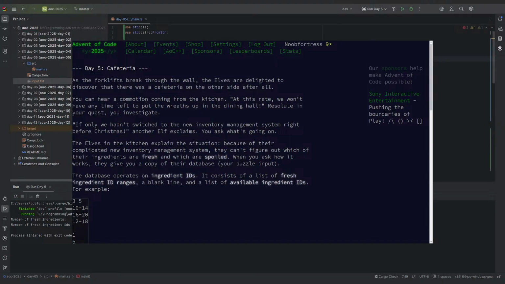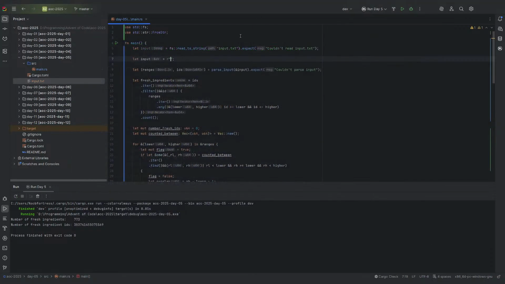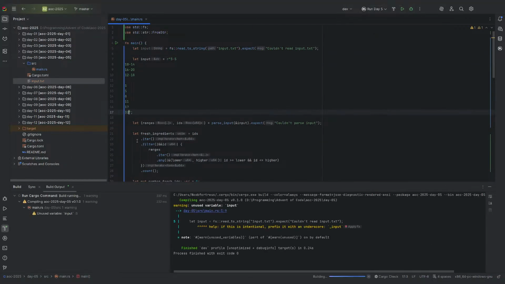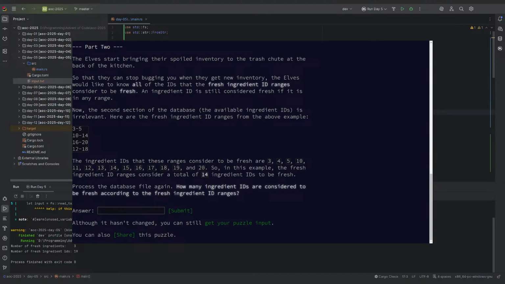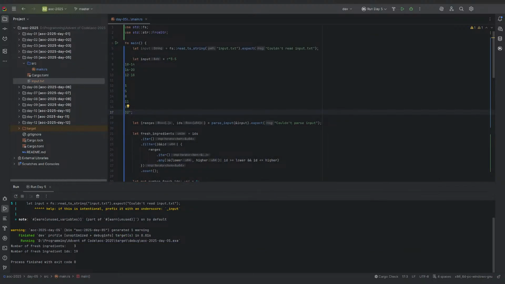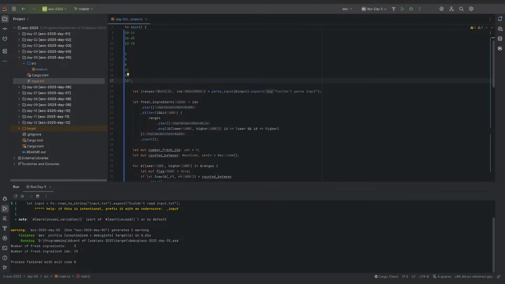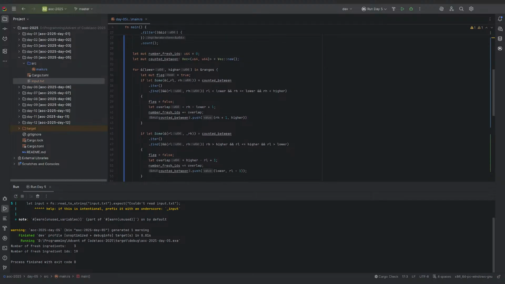I don't know why it is overcounting, because I don't see why it could be. Testing with this input, it's 19, which... Expecting it to be 14, okay. So at least I know this to be wrong. The question is why.